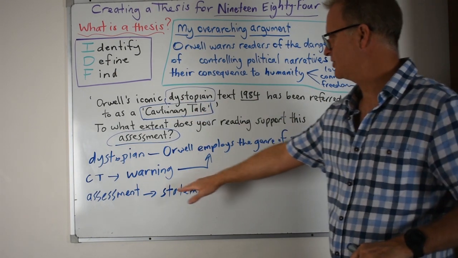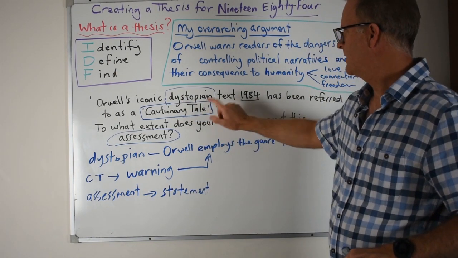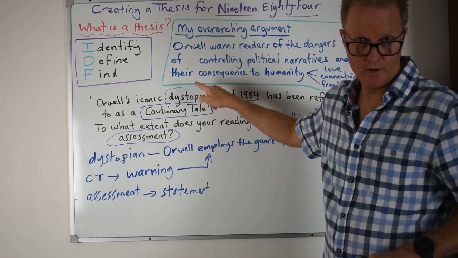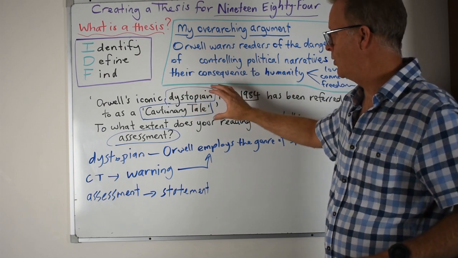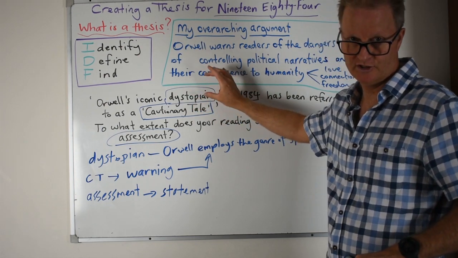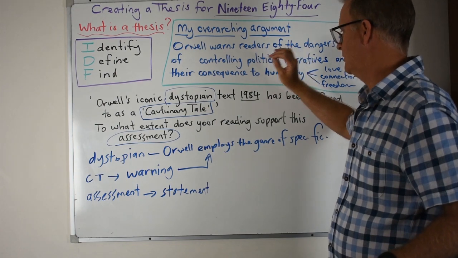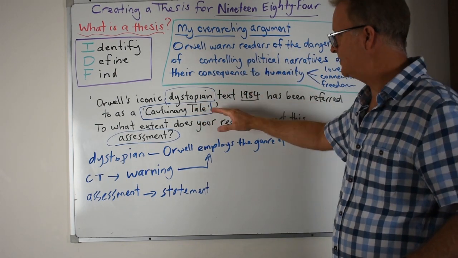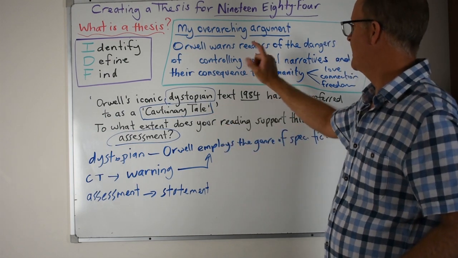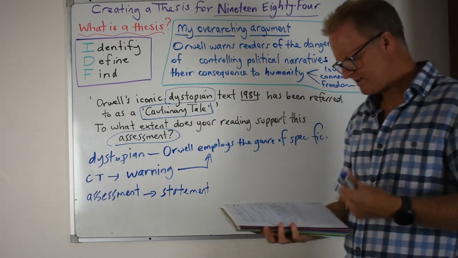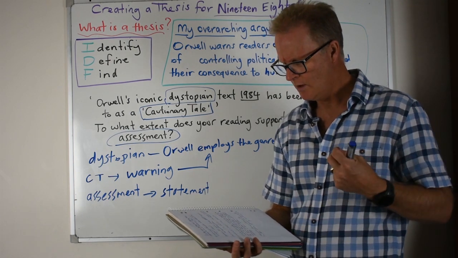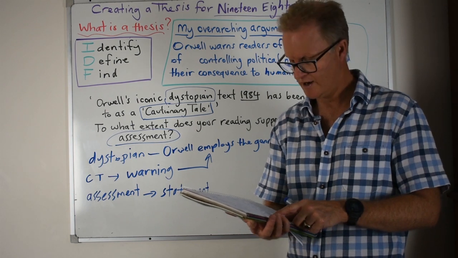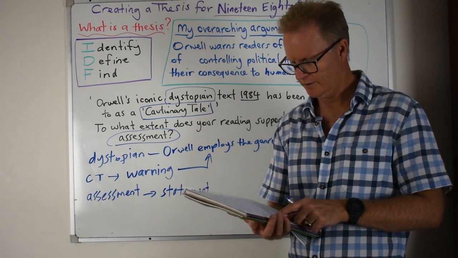Alright, so it's quite trivial. These are the two things, but the most important thing is this cautionary tale, but it's asking you to talk about genre. How does Orwell use the genre of dystopian or speculative fiction to warn, to create a cautionary tale? What is the cautionary tale? Well, it's about this again, isn't it? So my thesis for this one would be, Orwell successfully explores the dangers of controlling political narratives through the genre of speculative fiction.